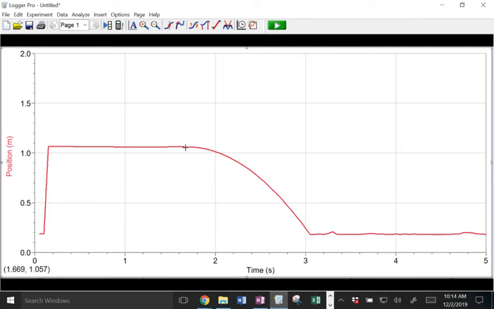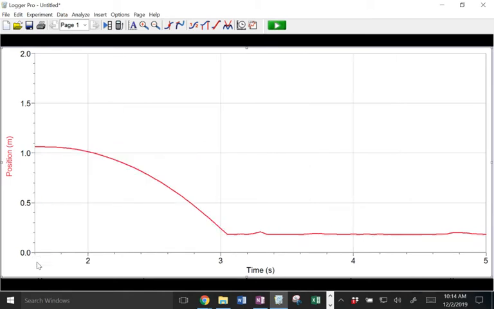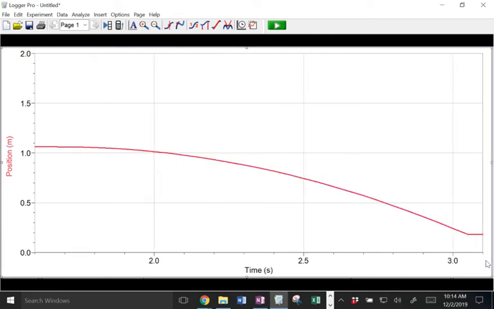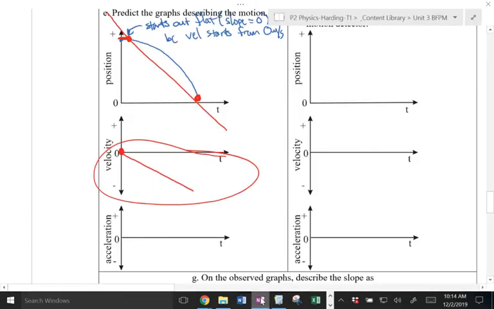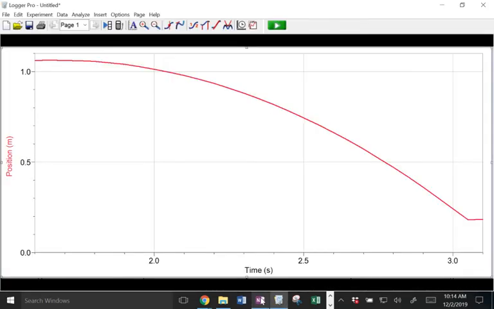This is going to start at about 1.6 and goes till just past 3, let's say 3.1. And this doesn't need to be higher than 1.1. So position time graph shape, kind of like we said it would be, like a bottom opening parabola, or however Ms. Walker would say that. That's what's going on with the position versus time graph.